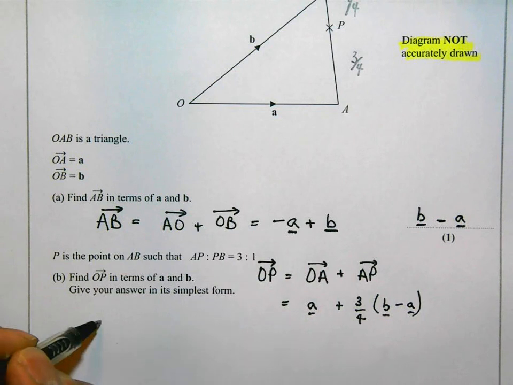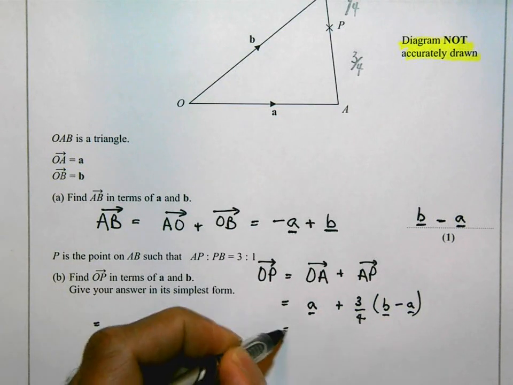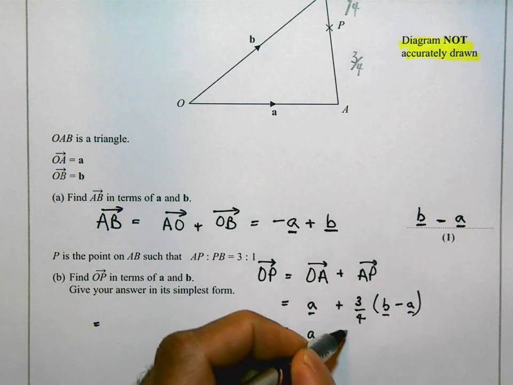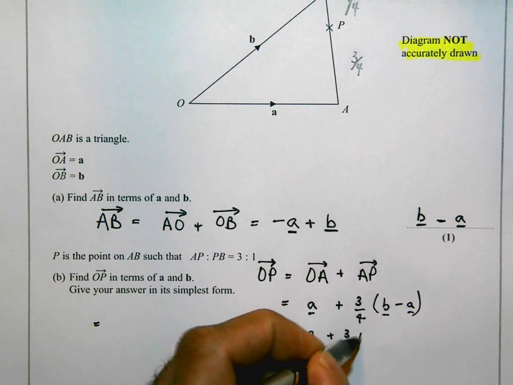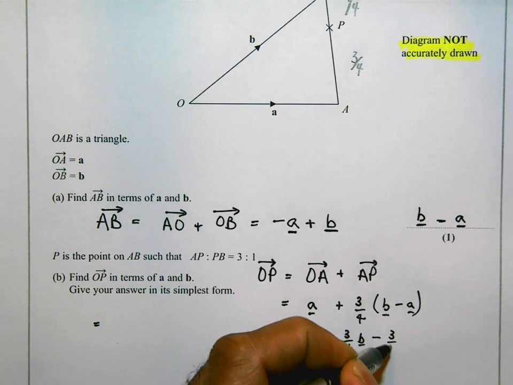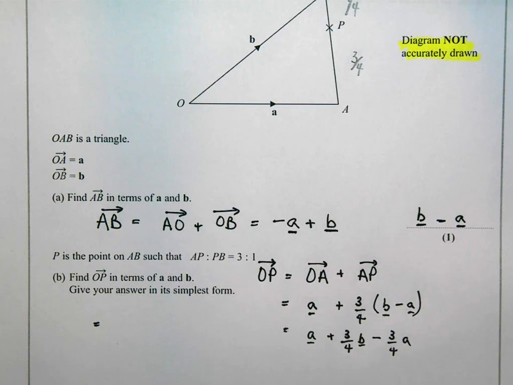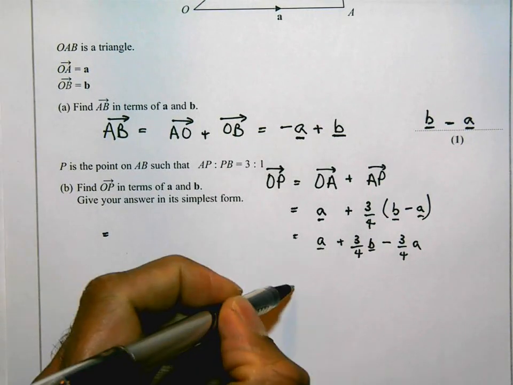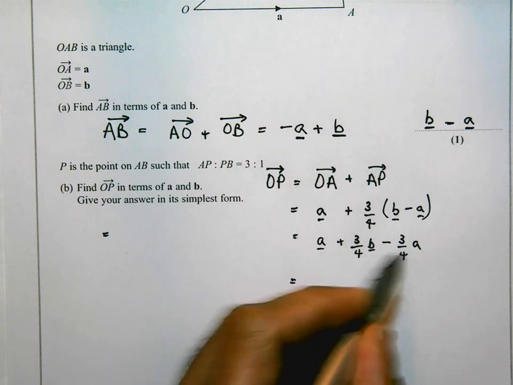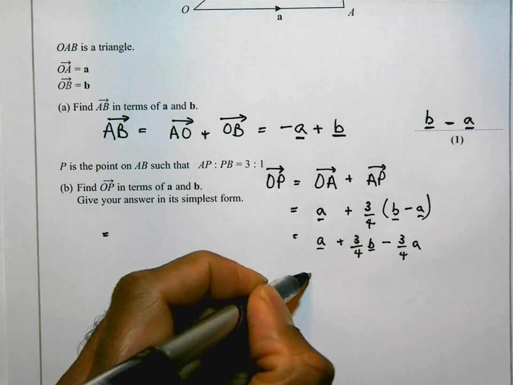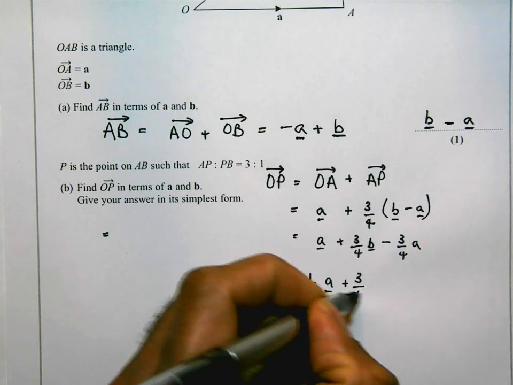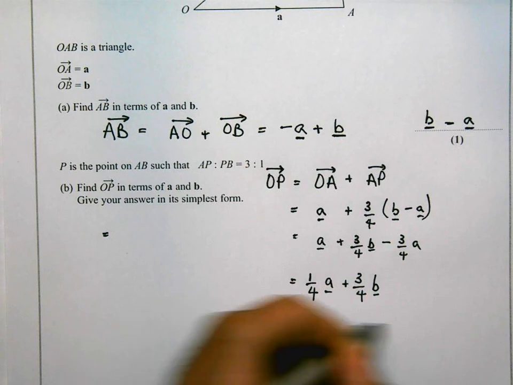So I'll get A plus 3/4 of B minus 3/4 of A. I'm just multiplying it out. So I've got A minus 3/4 A, which is 1/4 A, plus 3/4 B, and that is my final result.